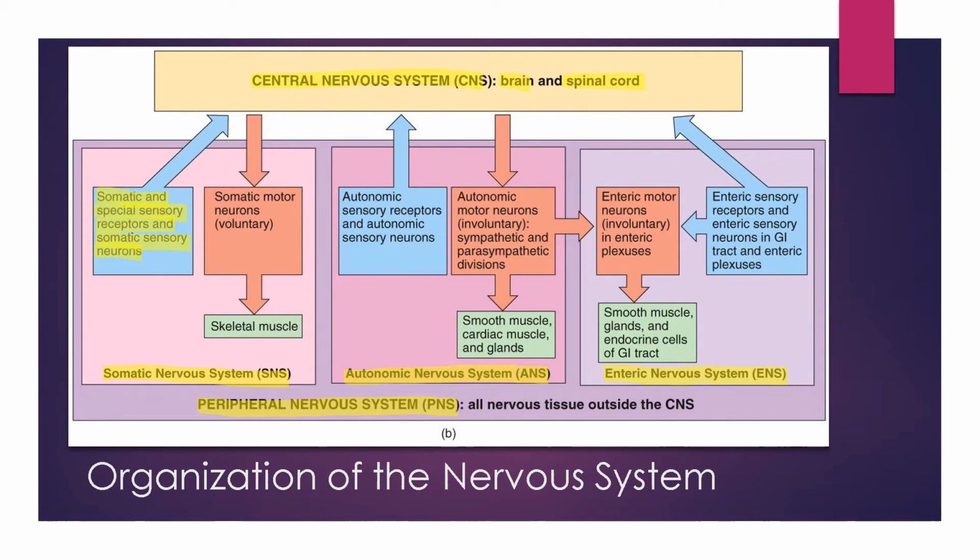So these are going to be special sensory receptors and somatic sensory receptors. In the somatic nervous system, we also do have motor neurons, and these are going to conduct impulses from the central nervous system to skeletal muscles only.